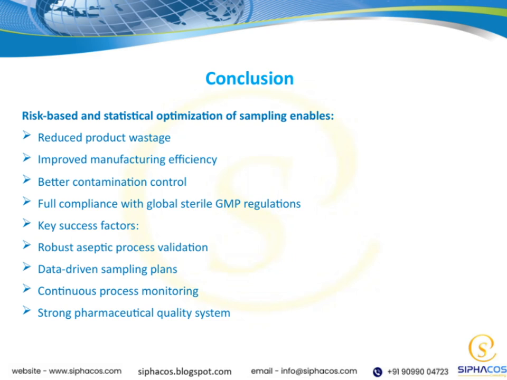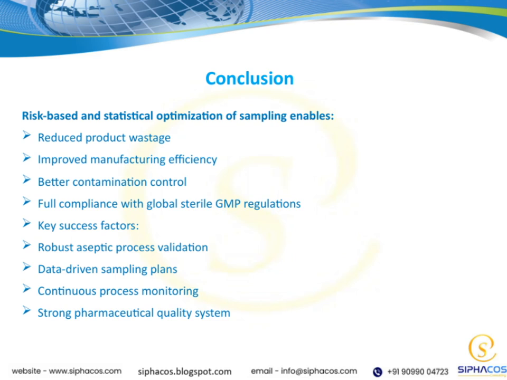Now, to make all this work effectively, there are some key success factors to keep in mind. First, robust aseptic process validation is fundamental. It confirms our processes are consistently under control. Second, implementing data-driven sampling plans allows us to make informed decisions based on real evidence rather than assumptions. Third, continuous process monitoring helps us catch any deviations early and maintain high standards over time.